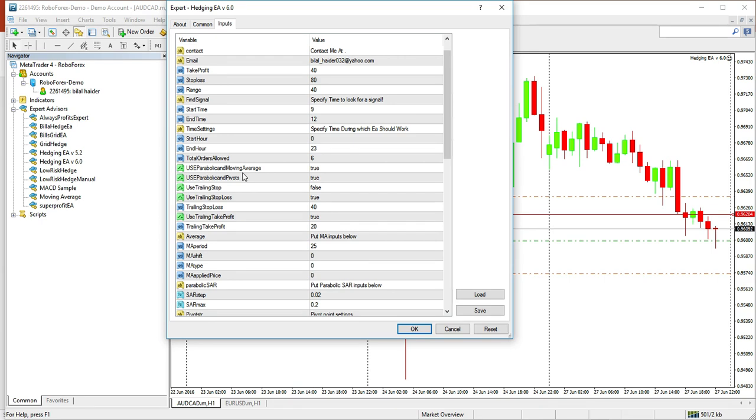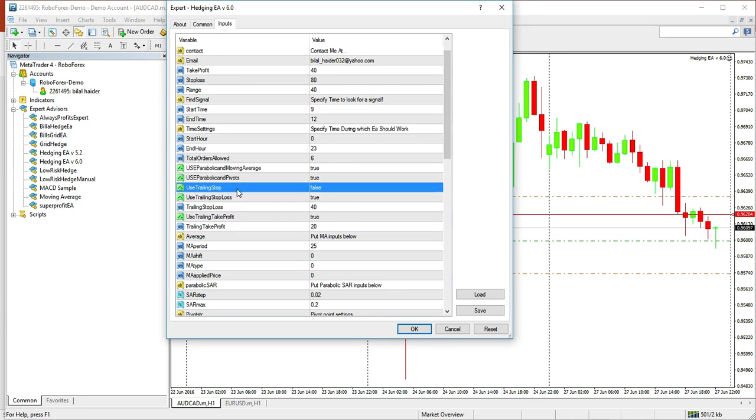Also, I need to tell you that for the grid system, I have upgraded the trailing stop. You have a variable which is handling the trailing stop, and you also have two sub options: a trailing stop loss and a trailing take profit. Both of them are controlled by this variable. If you set it to false, these are no longer working for you.